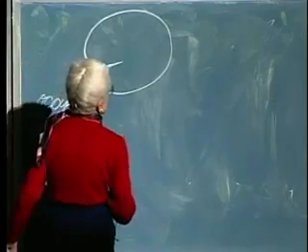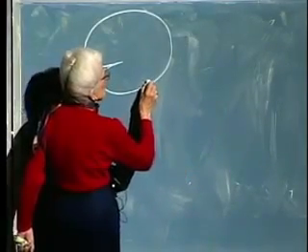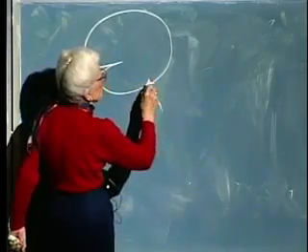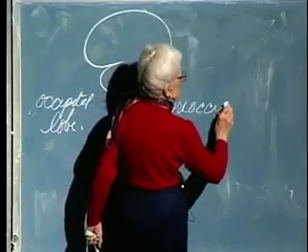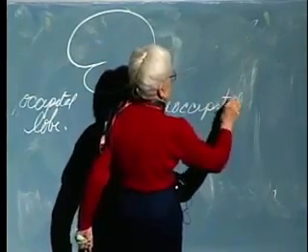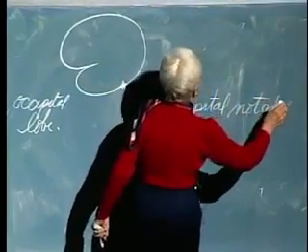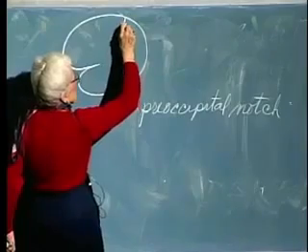And here we're going to define it by a preoccipital notch that you can see here on the inferior surface of the hemisphere, and a little bit coming over on the lateral surface here.